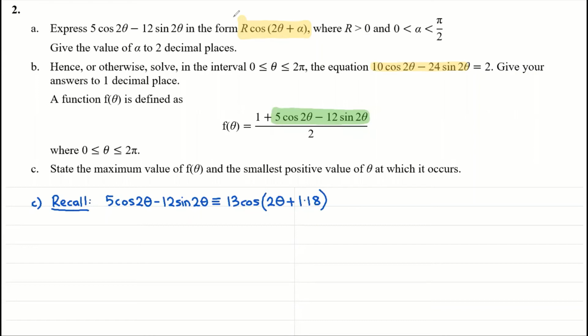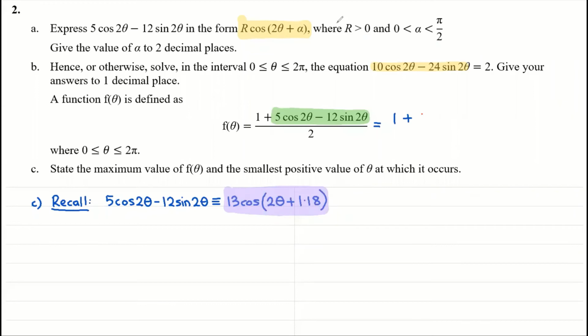Well, let's do a substitution. I think it's pretty clear now that I can rewrite this as 1 plus. Now, the 5 cos 2 theta, we have a new way of writing it, of course, and I've just restated it below as well. Here it is. So why don't I replace all that with this cosine form? And we'll see what that does to this function.